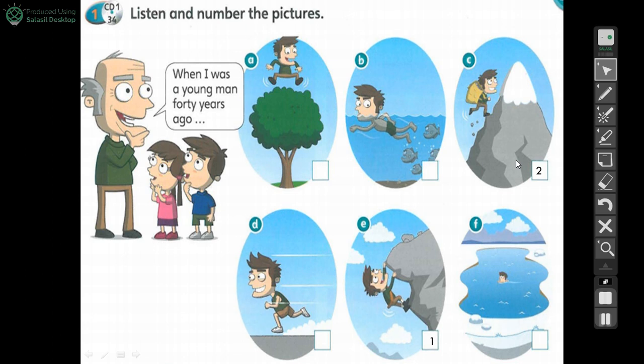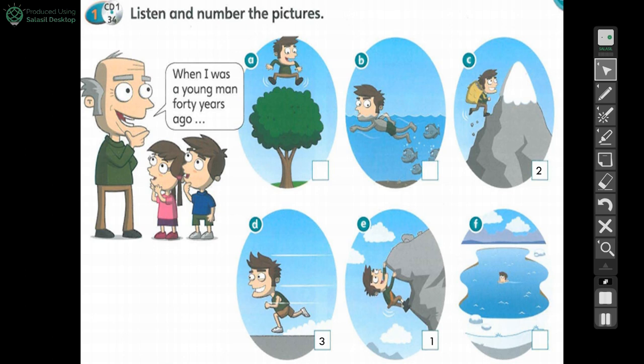Picture number C. Could you run fast? Yes, of course. And I could run 20 kilometers without stopping. And he could run 20 kilometers without stopping. Which picture? Thank you. Picture number D. You're the best.